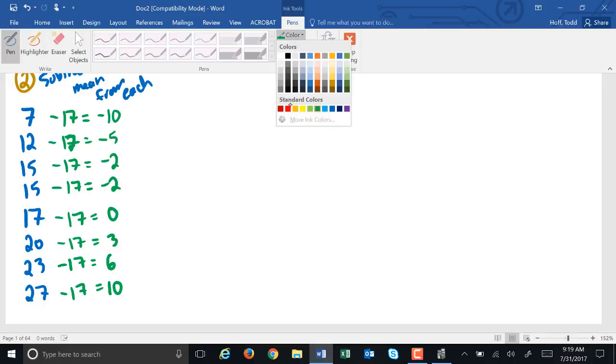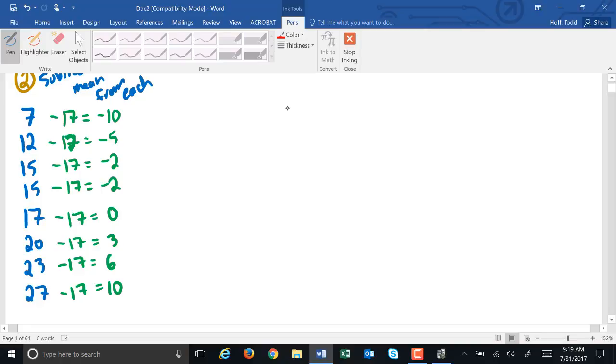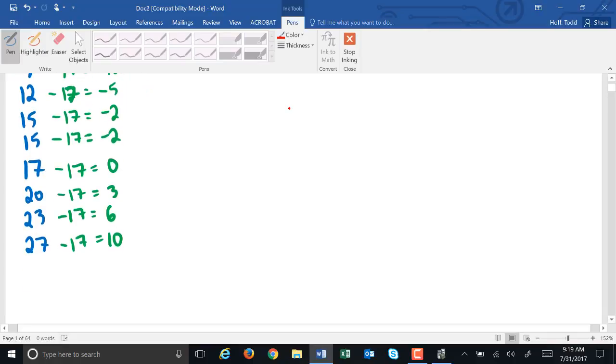Now at this point, if we wanted to double check to make sure we were going in the right direction, this is not part of the calculation at all. It's just a way to double check. These, remember, are called the deviations. The sum of the deviations should always equal 0.